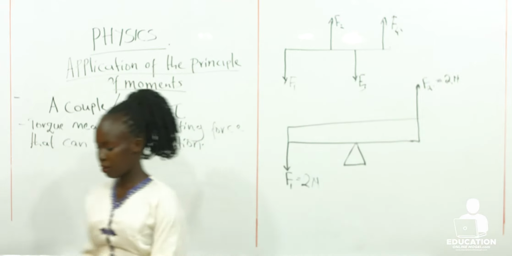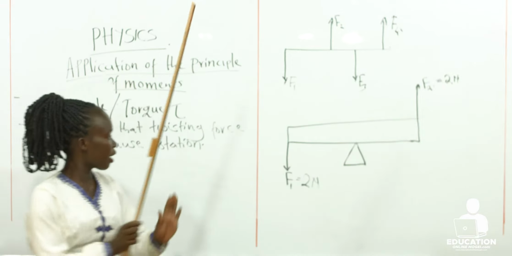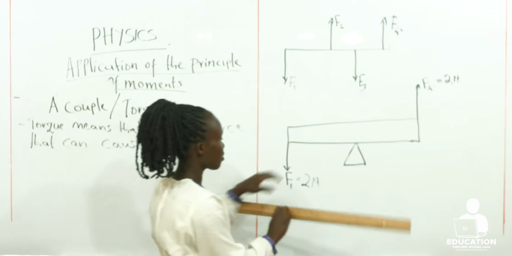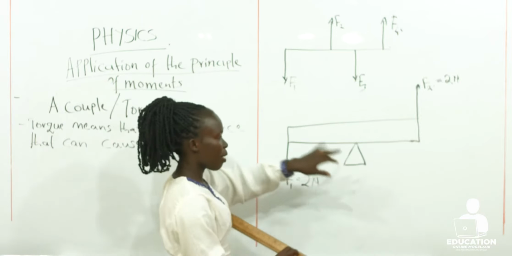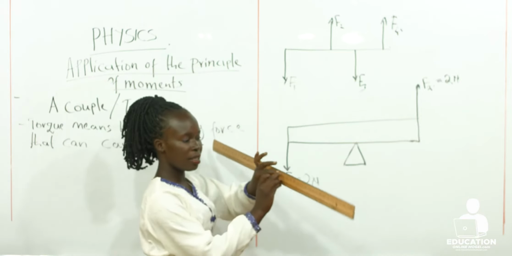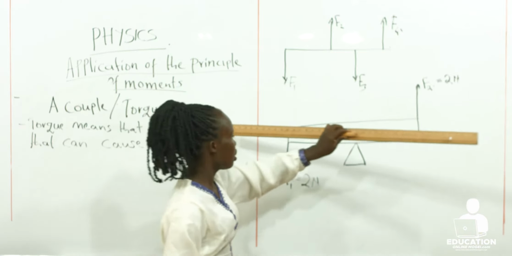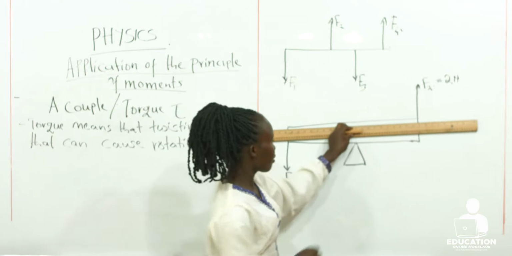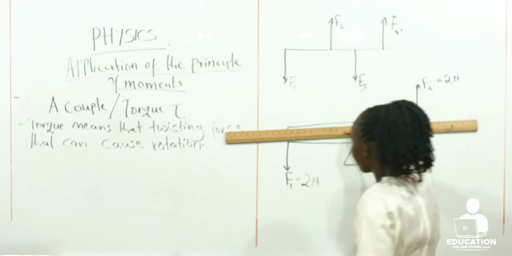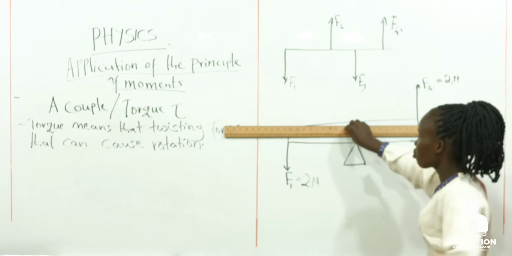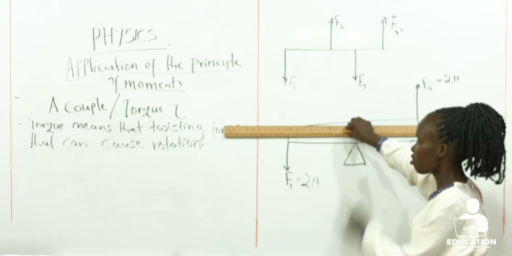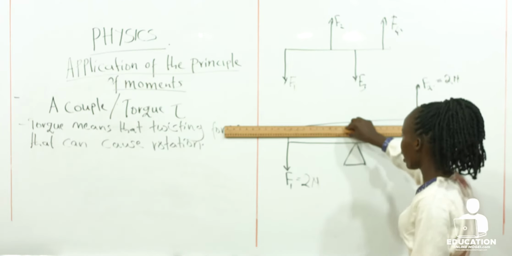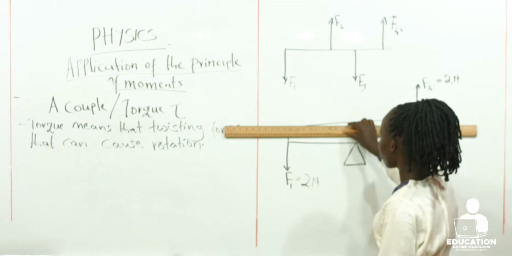Let's look at this. I have my meter rule here. We assume this is our knife edge, but this time I'm going to use my hand as a fixed point. So here is our meter rule. I want to cause rotation. I want this meter rule to rotate. What will I do if I want it to rotate?